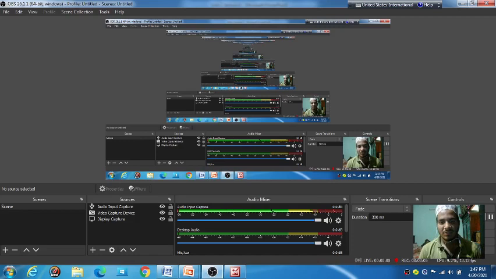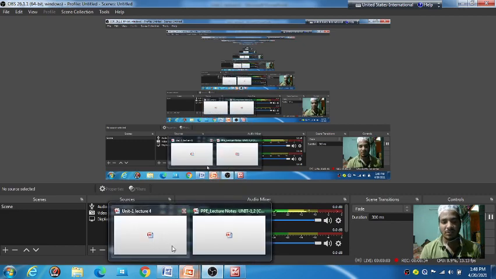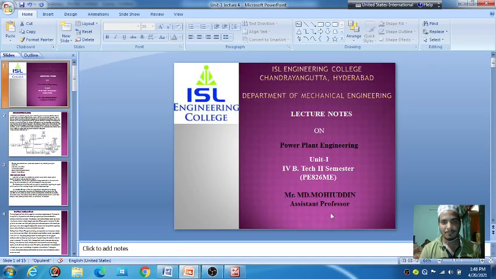In the last class, we discussed the layouts of the power plants. Now we are discussing briefly the power plant layout structure. The first power plant we have seen is the steam power plant, so now we are discussing that steam power plant.